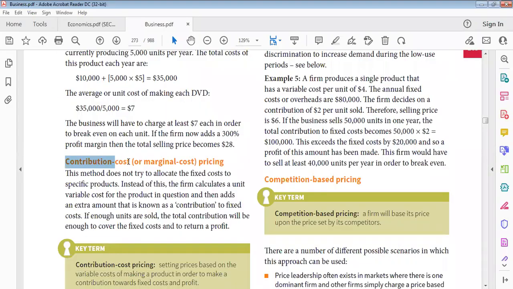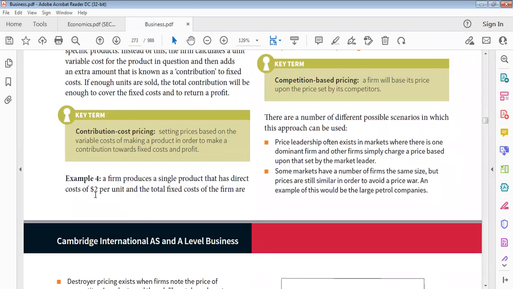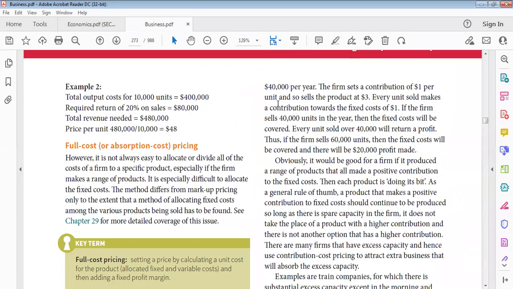In contribution costing, let's look at this example. A farm produces a single product that has a direct cost, direct meaning variable cost, of $2, and fixed costs of 40,000 per year. This is the cost of all the machines, the buildings, everything they have bought, maybe a really advanced high-tech machine. So this 40,000 is their fixed cost.